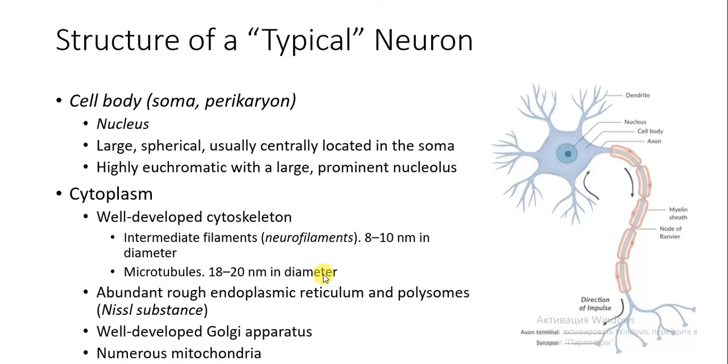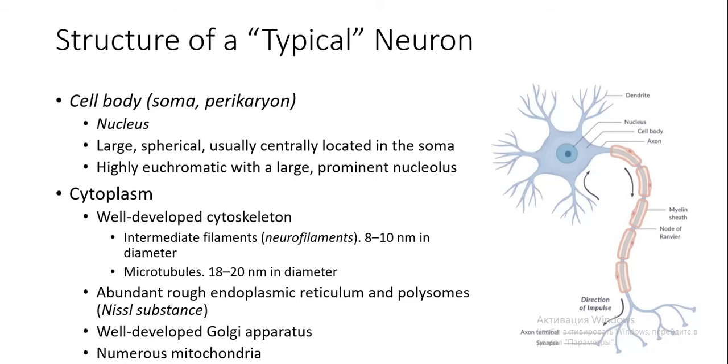mediators of nerve signals. Okay, and they possess numerous mitochondria. Neurons possess a lot of mitochondria, because the main function of a neuron is conduction of the action potential. Depolarization is a passive process, but repolarization is a very active process.